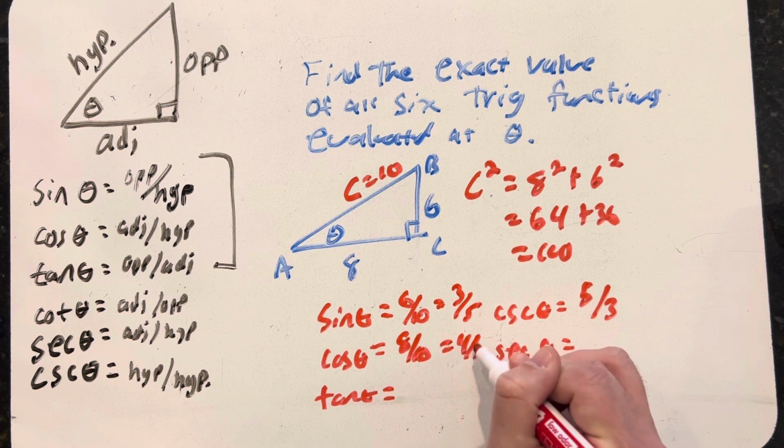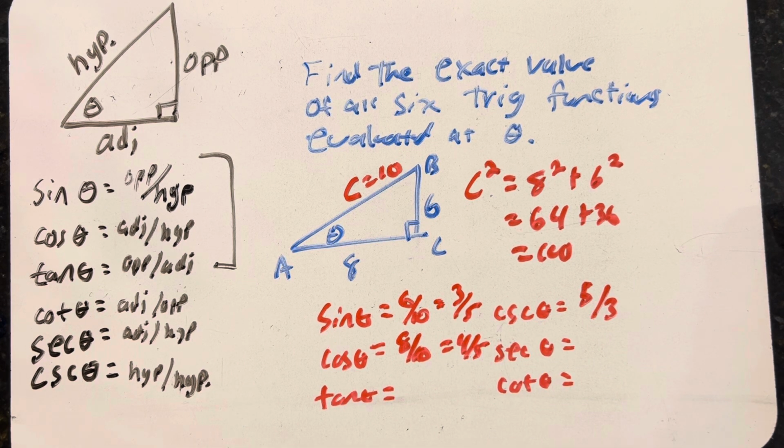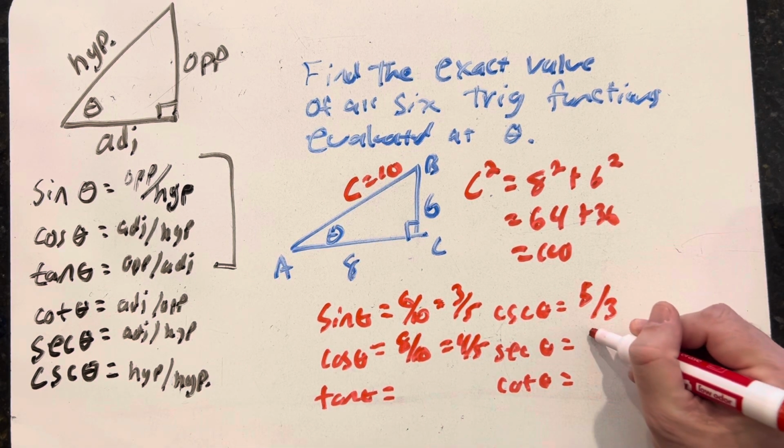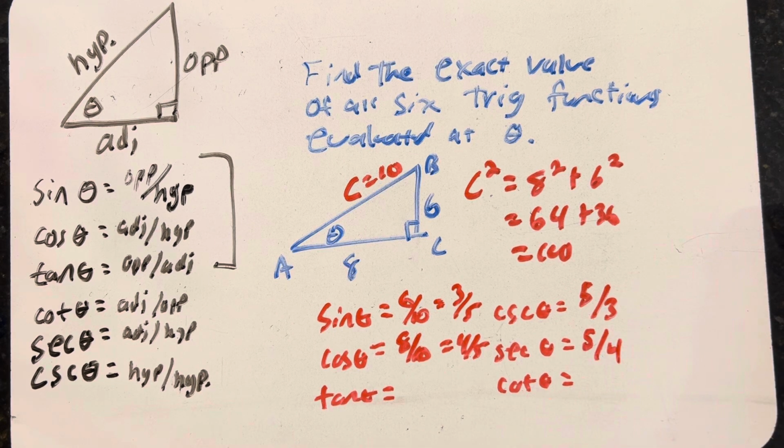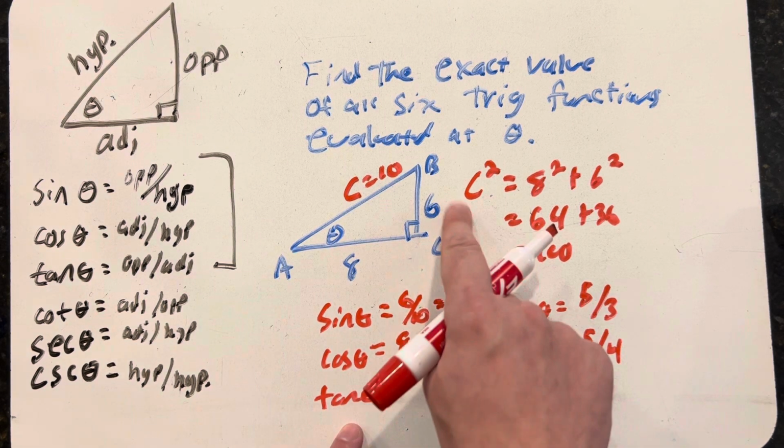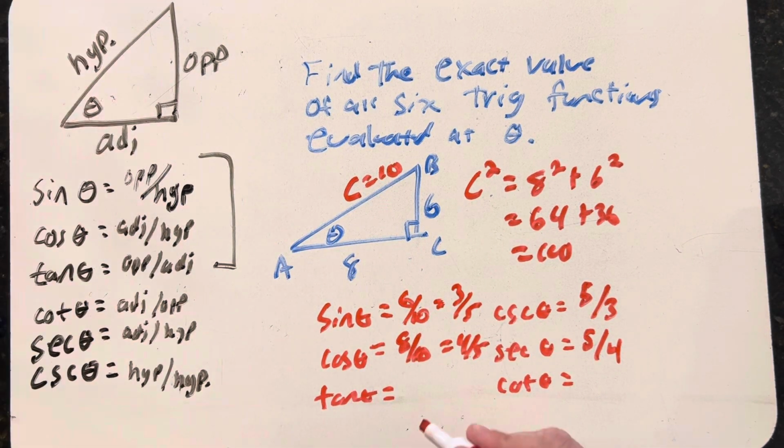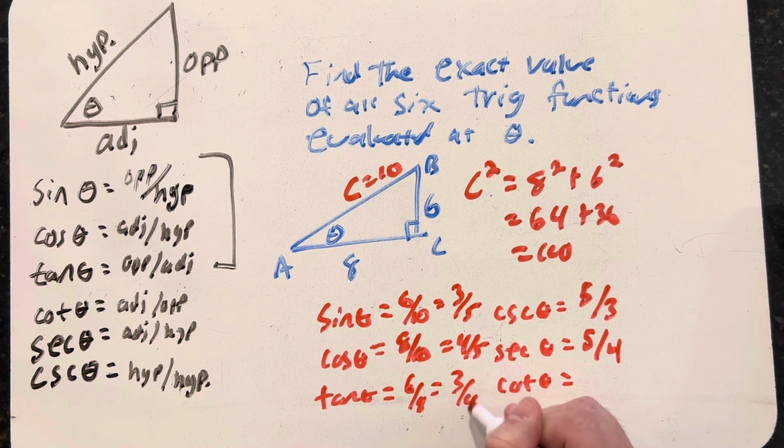We're always going to reduce our fractions to make them easier in subsequent calculations and just to make them as nice as possible. And again, after I have cosine, I can write down its reciprocal, secant. And then finally, tangent would be the opposite over the adjacent, which is going to be 6/8, or better known as 3/4.